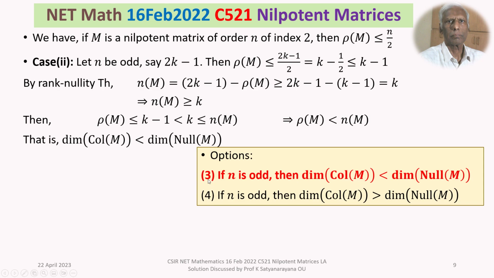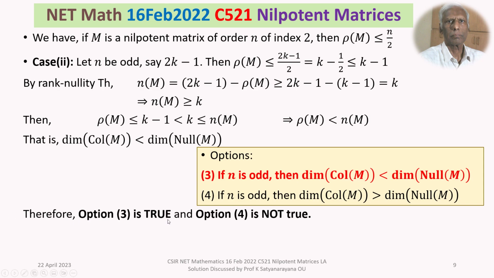So the option 3 is true, and option 4 is obviously not true, because it is less than, but in option 4 it is given strictly greater than. It is not true. So thus we have proved option 3 is true, option 4 is not true. So combining these two cases, we get the answer: option 2 and option 3 are true. So that is the answer of this question.